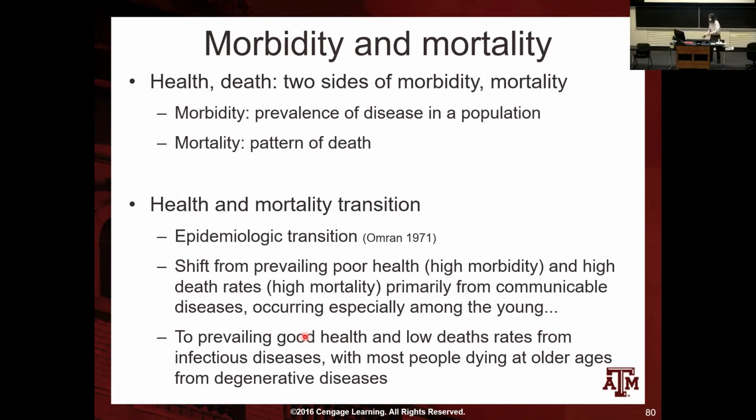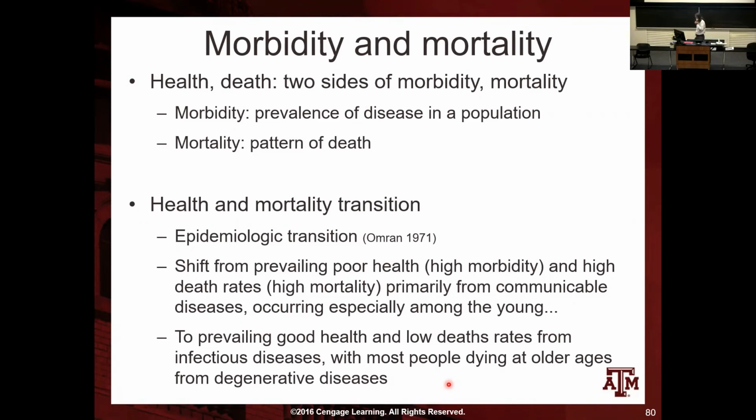And we change into this new pattern of health and mortality in which we have an overall good health and low death rates. And we move from infectious diseases that were the most prevalent before, communicable diseases, into this new stage in which most people are dying due to degenerative diseases, chronic diseases at older ages.